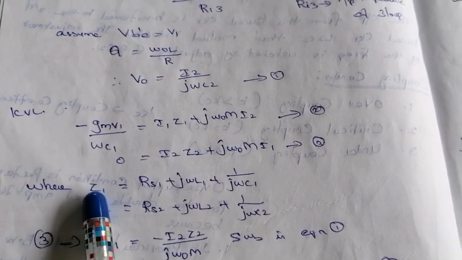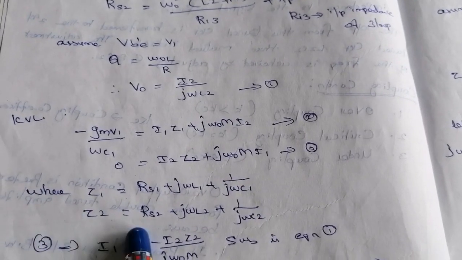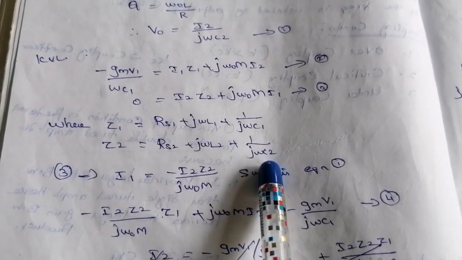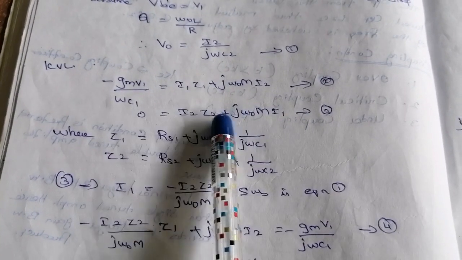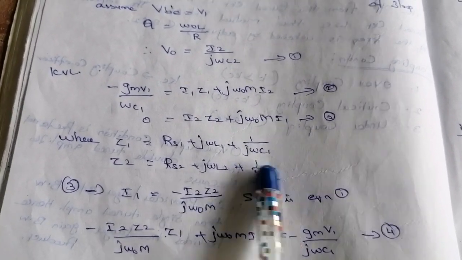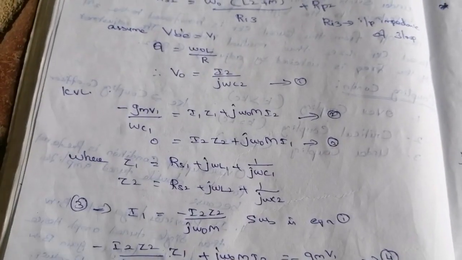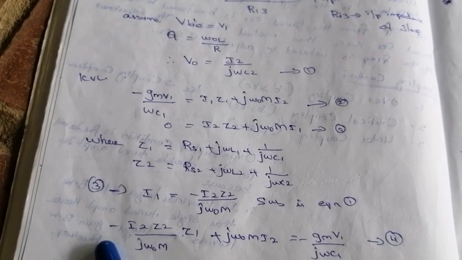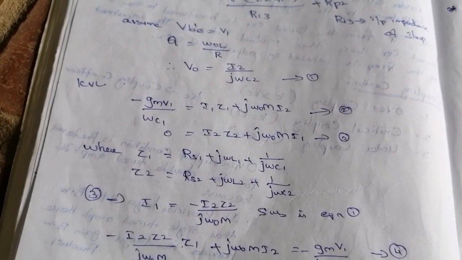Where Z1 is RS1 plus j omega L1 plus 1 by j omega C1, and Z2 is RS2 plus j omega L2 plus 1 by j omega C2. So from equation 3, I1 equals minus I2 Z2 divided by j omega naught M. We can substitute this into equation 1 for the I2 value: minus I2 Z2 by j omega M into Z1.